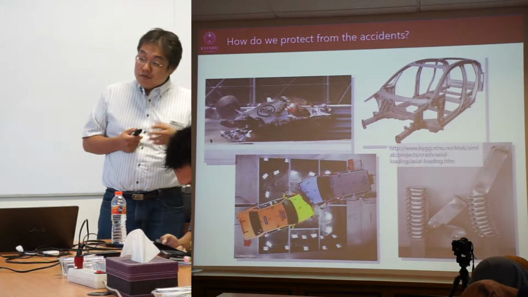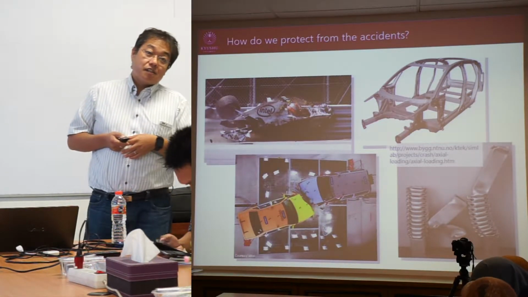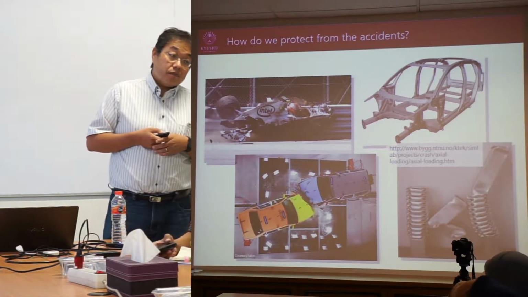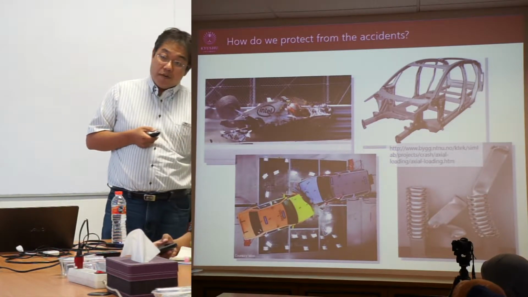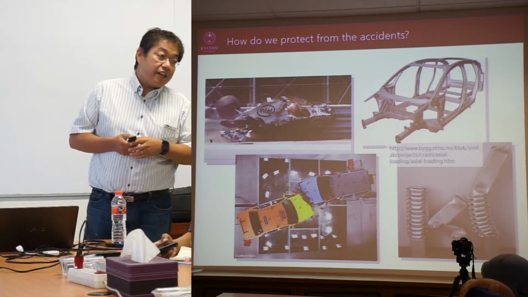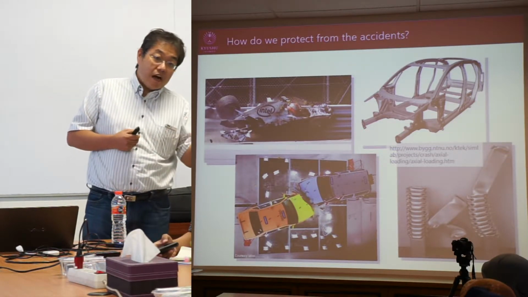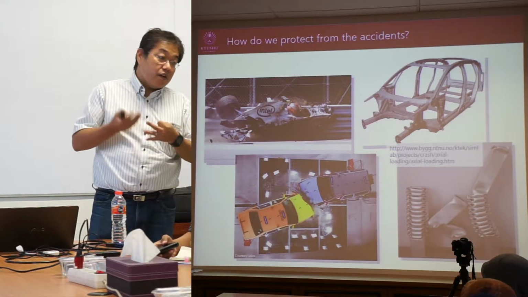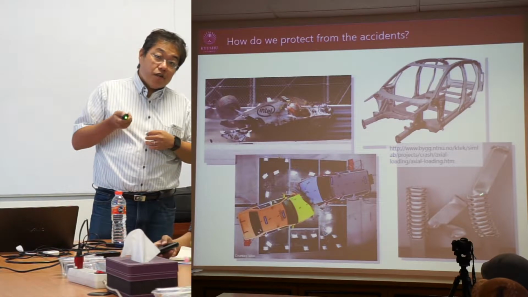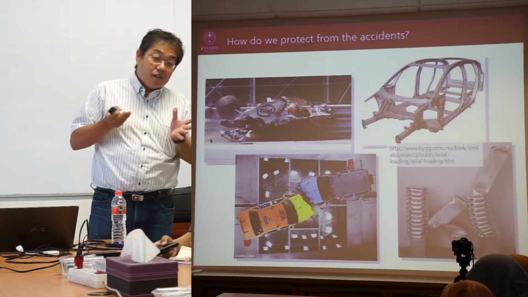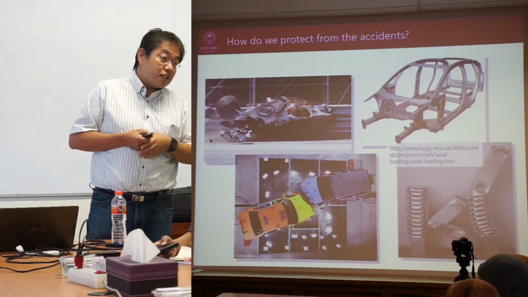So, crash of cars. This is a very good material. Why? Plastic deformation can dissipate the energy into sound, plastic deformation and heat. In this case, the deformation in parts 1, 2 and 3 is small, so the dissipation of the energy is very small.